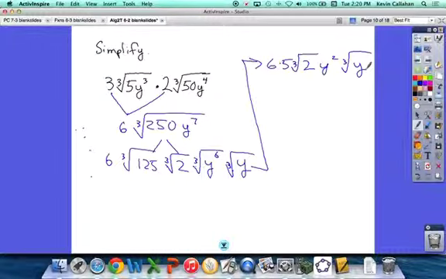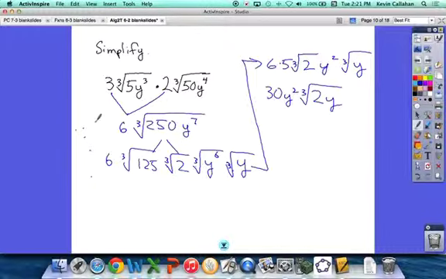Okay, now put everything together, which is outside the radicals. 6 times 5, 30, y squared, and times the third root of 2y. So when you see that problem in the homework, you'll recognize that this is right next to it. I did the even number one. Yours is the odd number one just before it. That's what you do with those numbers.